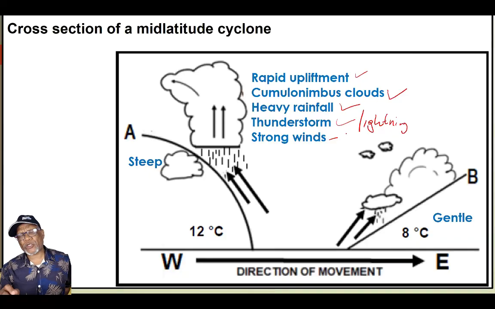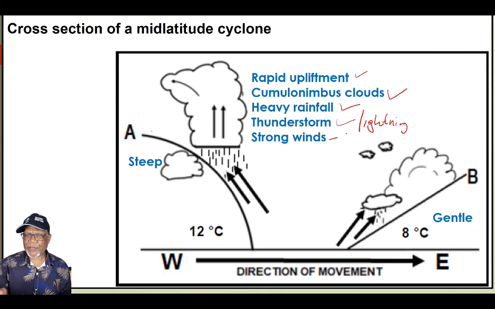But this is not only limited to a mid-latitude cyclone. There are three other weather phenomena that have cumulonimbus clouds.